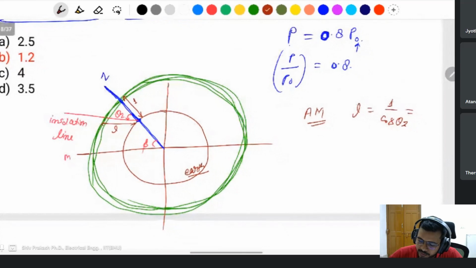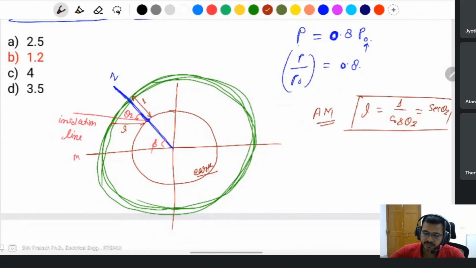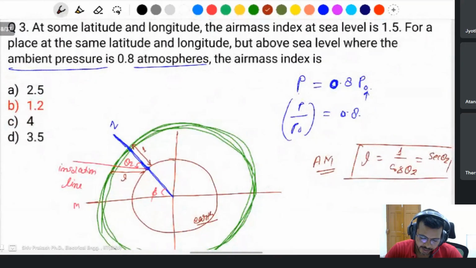This will be the sec theta z. But at different atmospheric pressure, this is the length of this one only.